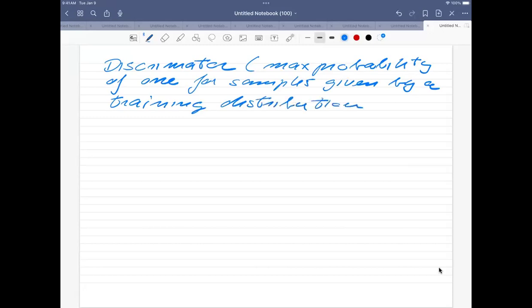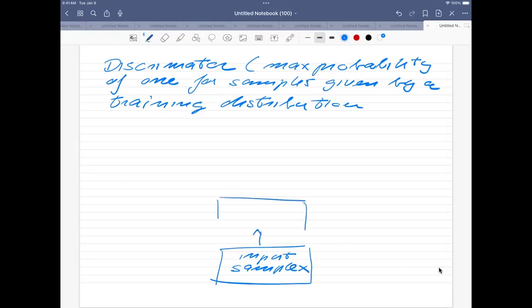So the simplest case is actually two kinds of neural networks which are set up against each other. So if we want to make a sketch here, we have some input sample, and this is our training data set. We feed this into some kind of differentiable function. One of the important things in basically all these trainings of probability distributions is that these functions are differentiable, because otherwise it gets very difficult to actually perform the optimization.